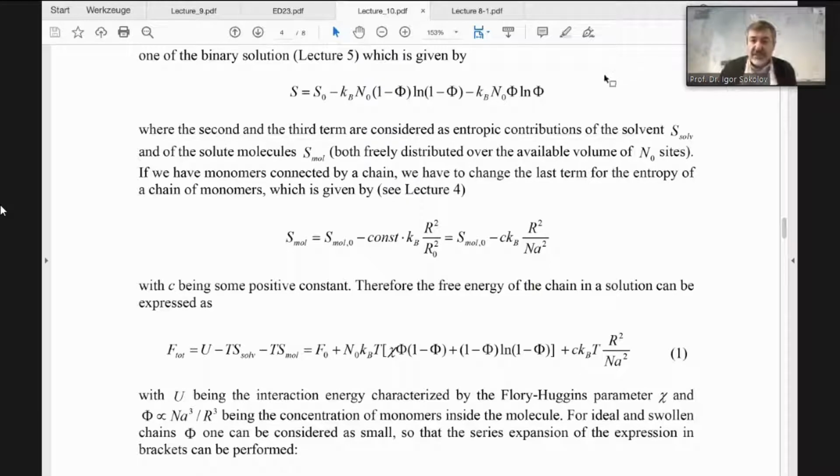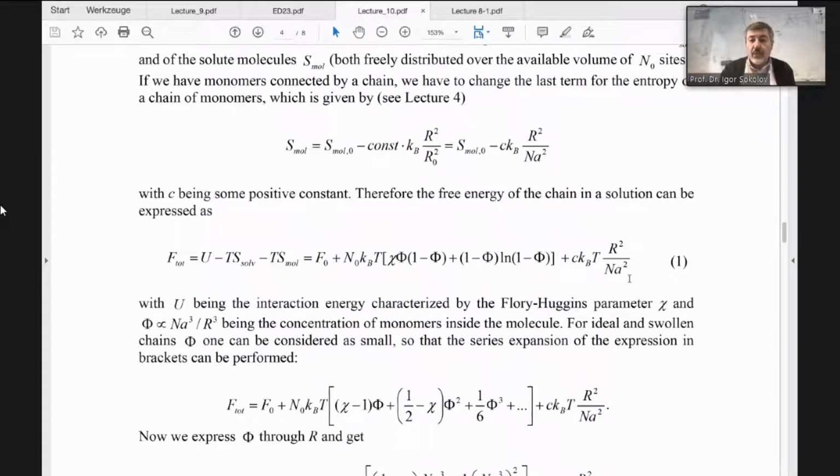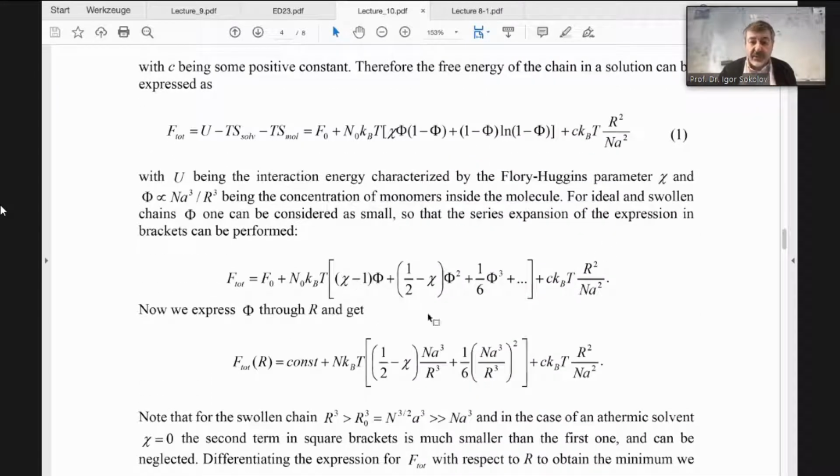Good. So now this is, once again, interaction, translational entropy of the molecules, change of the entropy of a single molecule. I will then work on this term, but first let me have a look at what happens if I assume this form, whether I can reproduce the cases I already know. Here I have R, here I have phi.